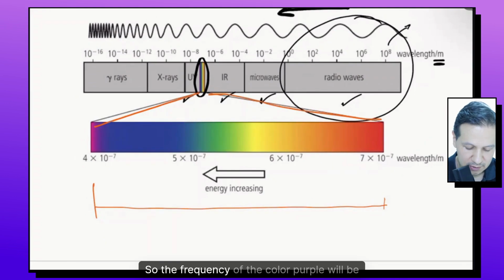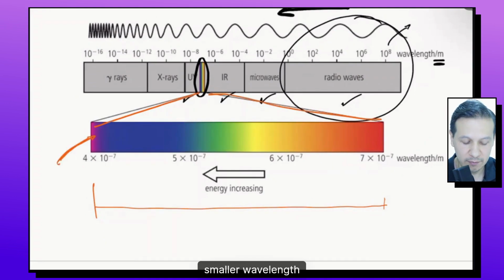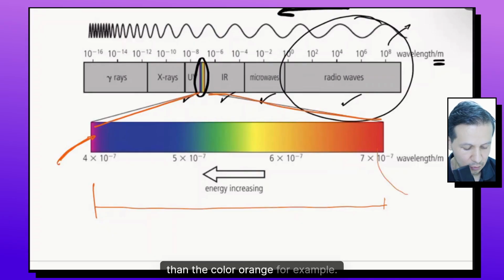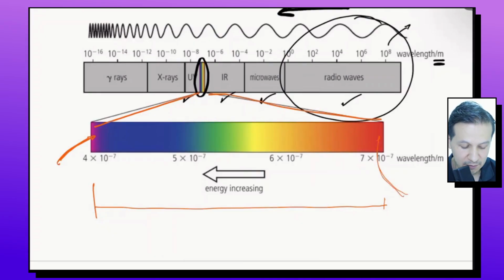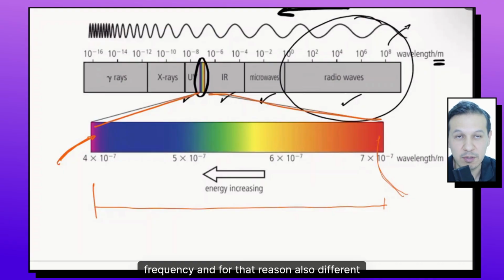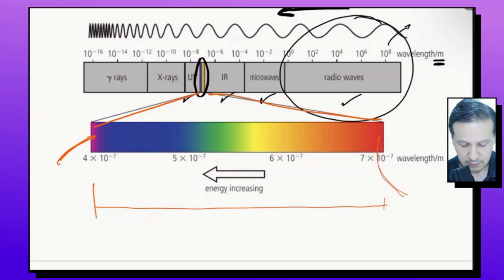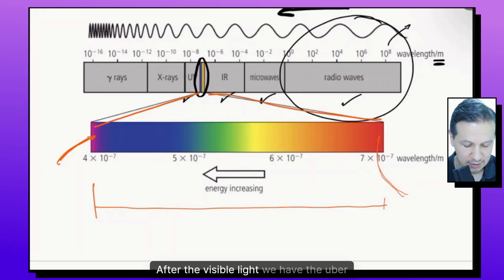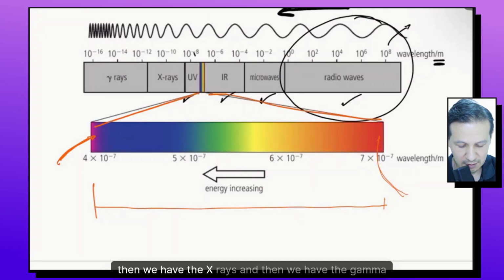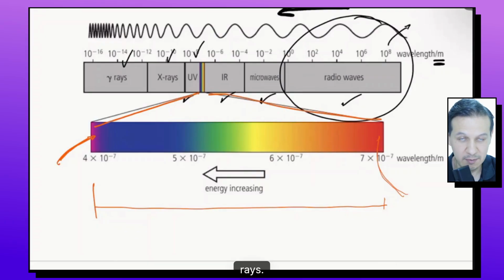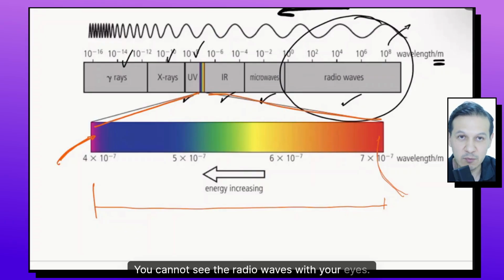The frequency of the color purple will be higher, with a smaller wavelength, than the color orange. Colors have different wavelengths and different frequencies, and for that reason also different energy. After the visible light, we have the UV radiation, then the X-rays, and then the gamma rays.